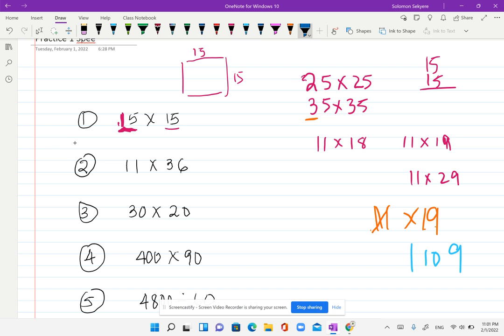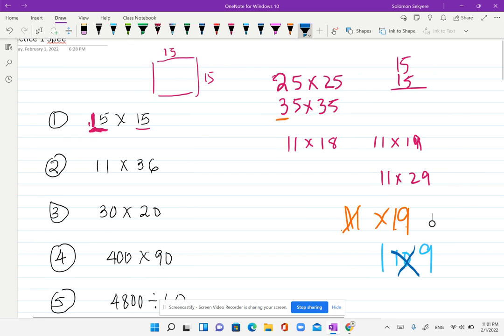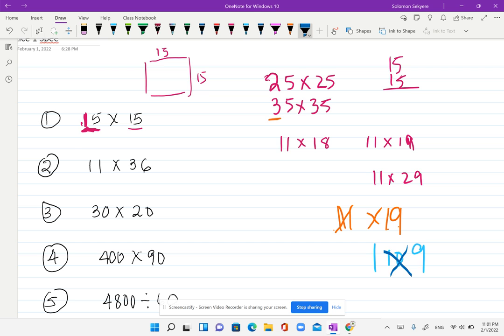If you use your calculator to check, this is not the answer. So what do you do when you add the two digits and it goes above 9, to 10 or more? You add this 1 to this 1, which becomes 2, and then the 0 and the 9.